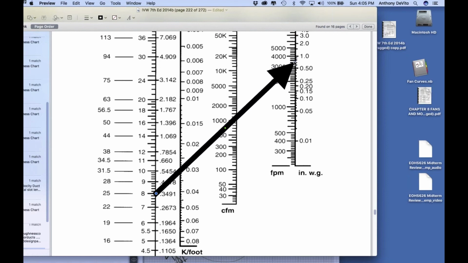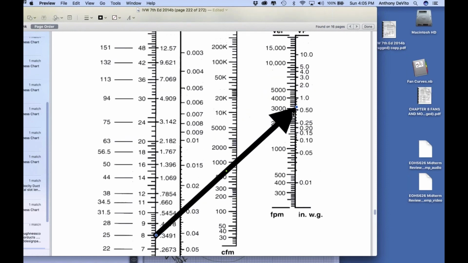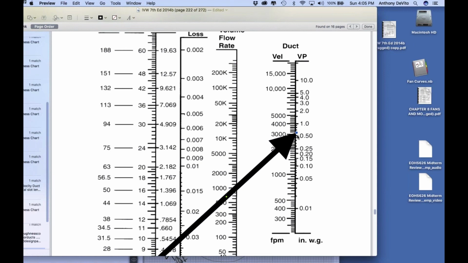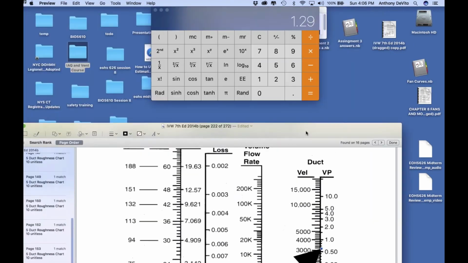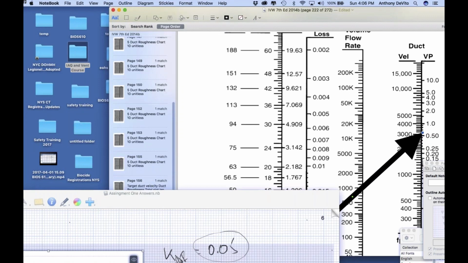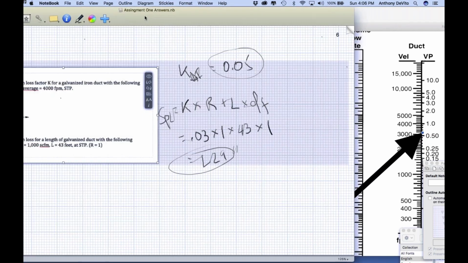See, if I don't make this line thin, it really makes it hard, doesn't it? Okay, so really our velocity pressure is not 1 inch, but it's 0.6 inches, and that's where the difference is. Actually, I left out the velocity pressure here.